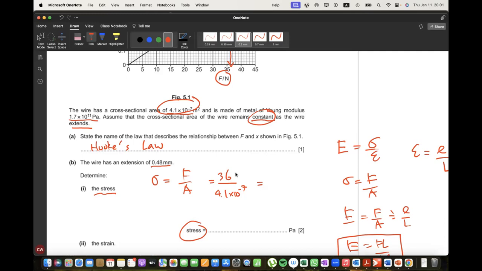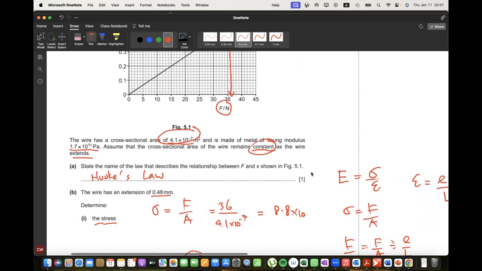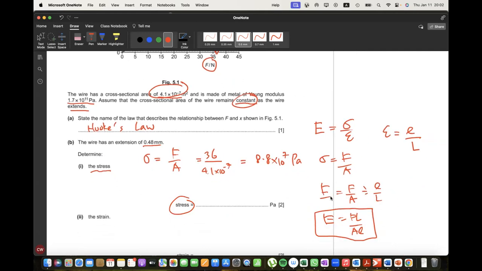So it's going to be 8.8 times 10 to the power of, that's around 6 or 7. Okay, so you are going to get 8.8 times 10 to the power 7. Is it correct? What is the unit for this? Pascal. Okay or not?